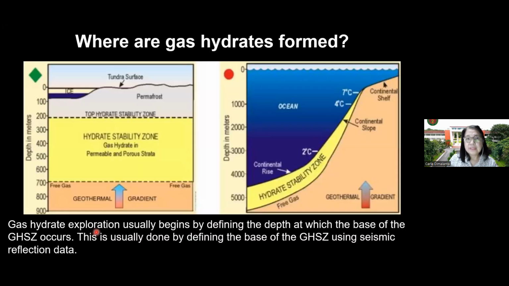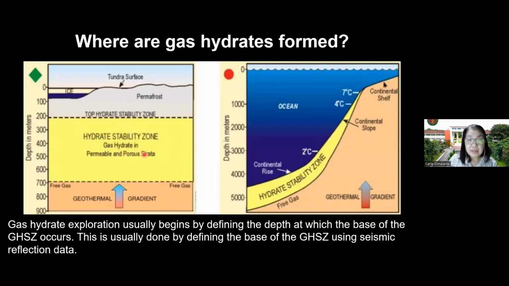So this is again within the permafrost region. So just to show you that this is the top of the hydrate stability zone, you will need to look for indicators of the top and bottom of the hydrate stability zone. So here, this yellow region shows the hydrate stability zone, and this is where gas hydrate is most likely going to form.